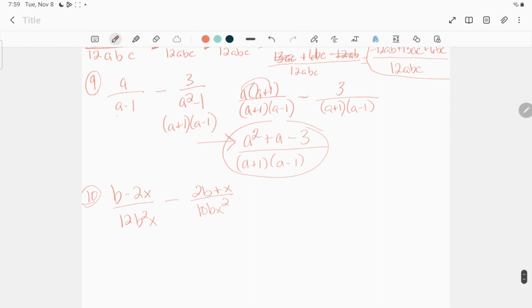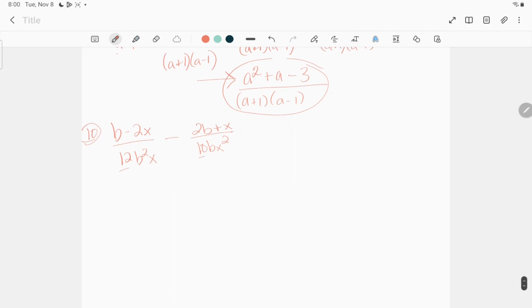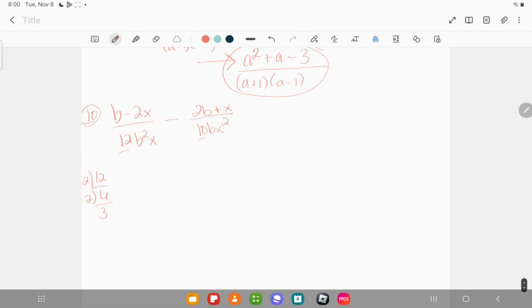All right, so going down to number 10, let's find our least common multiple between 12 and 10. So if you do your little thing, you have 12, and you start with a prime number, which is 2. That gives you 6. 2. That gives you 3. So you're done.